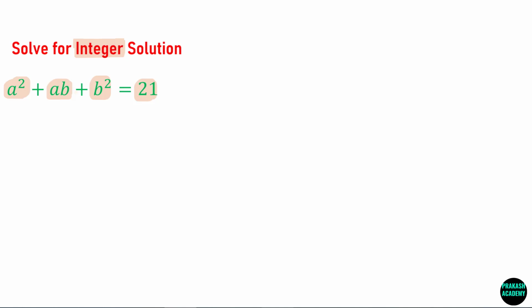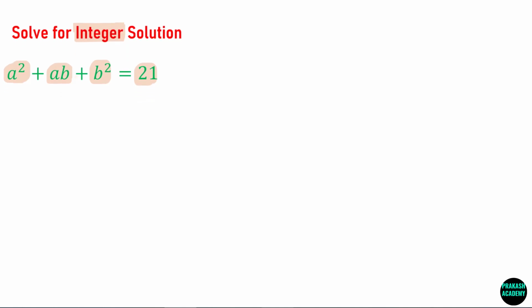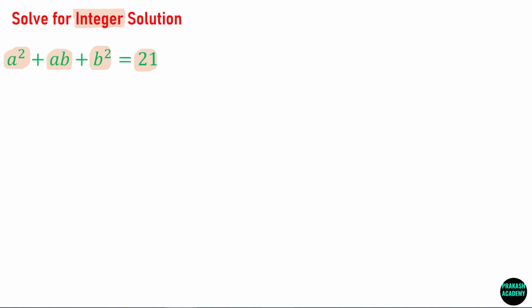How will you solve this problem? So let us try to solve this. First I will take this 21 to the left hand side, then I can write my equation a square plus ab, or in fact I can write ba, plus b square minus 21 is equal to 0.